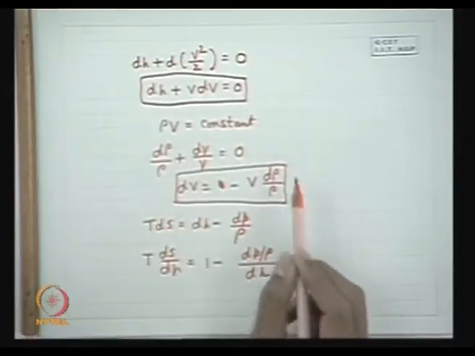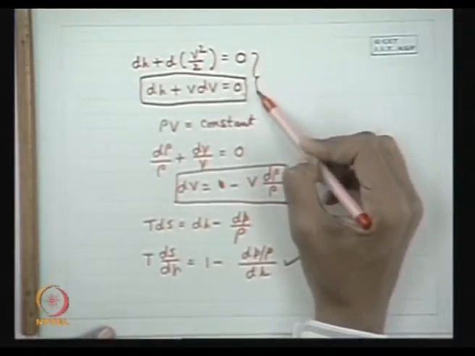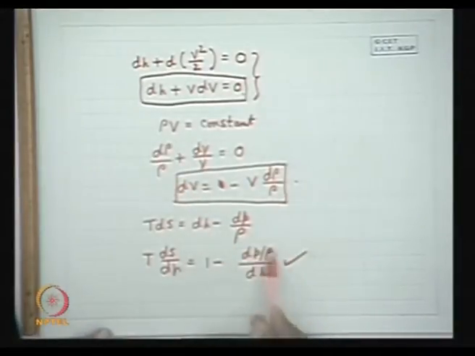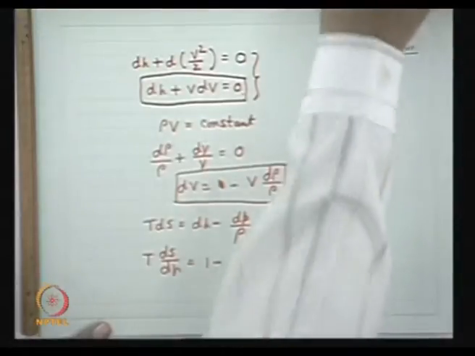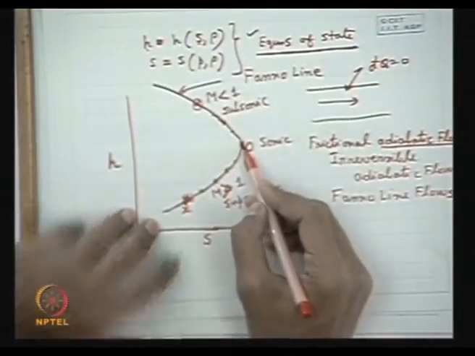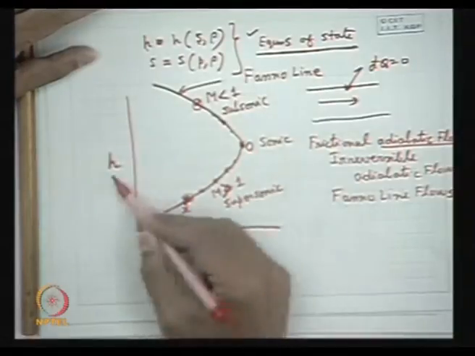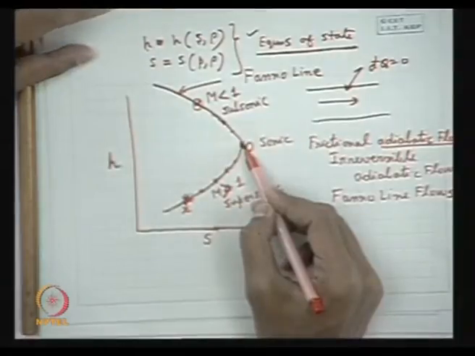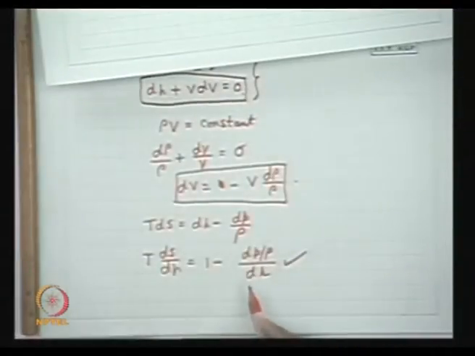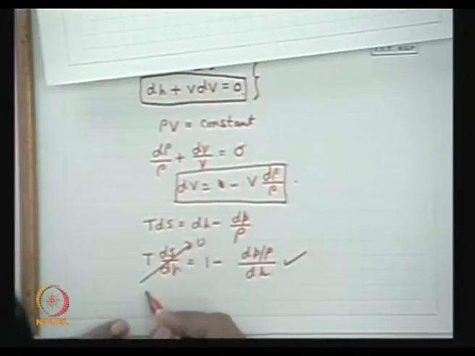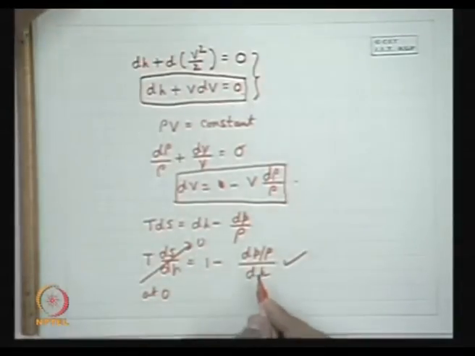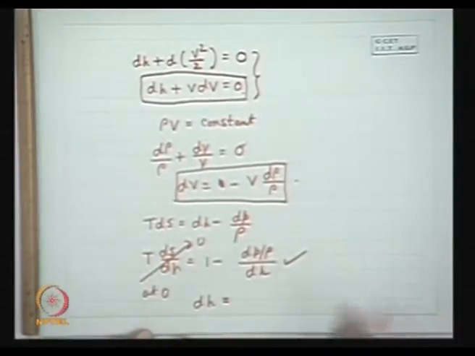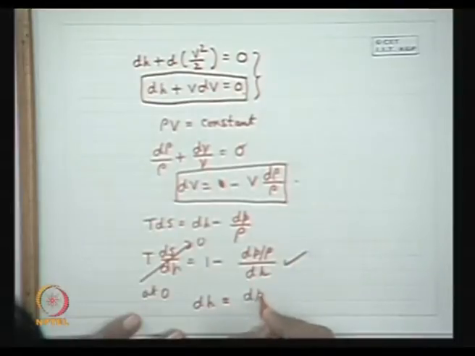Now for Fanno lines, we have used the energy equation for adiabatic flow, this is the equation for continuity and this is the thermodynamic property relation. Now at the point O, we see that ds by dH is 0, that means this is 0 at O. So therefore what we get is dH is equal to dP by rho.